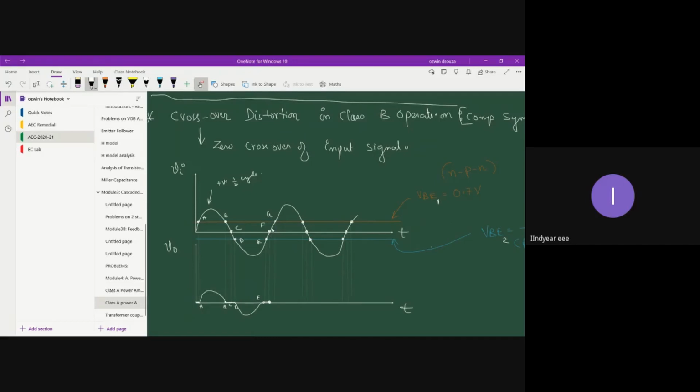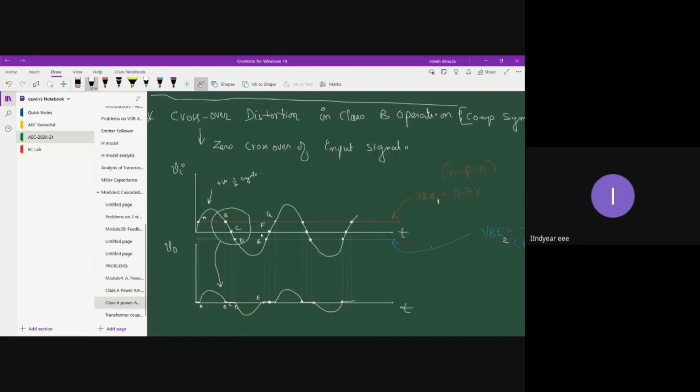So basically what is happening is that there is a discontinuity at zero crossover of the input. And this particular distortion is called as the crossover distortion. Okay, that's because the distortion is taking place nearer to the crossover of the input signal, and that's the reason it is called as crossover distortion.